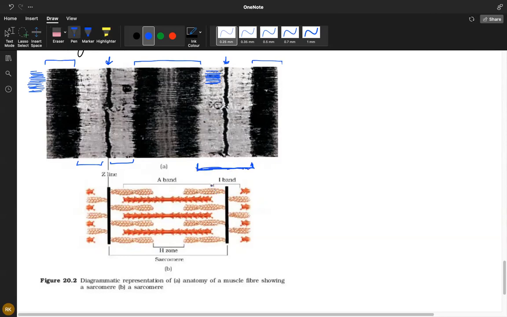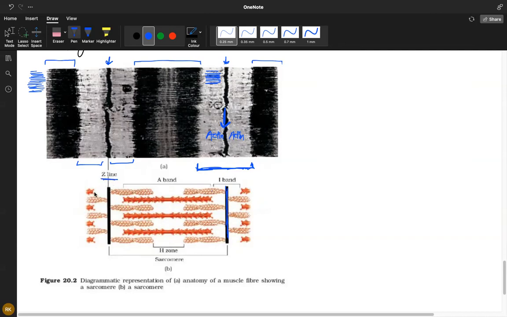What is it called? The I band. In the I band, there is only actin present. So this is actin and this is actin. These are two different actins joined together by this line. This line which joins here is called the Z line.